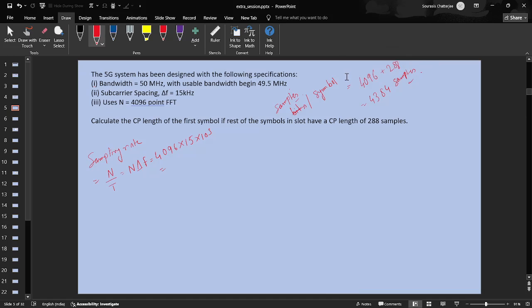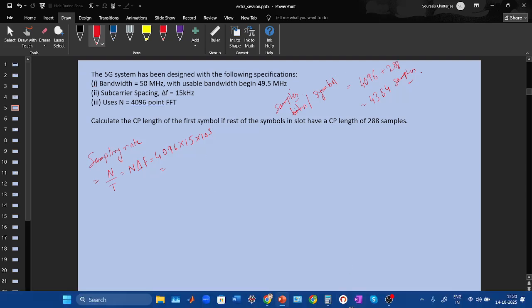But it's 15 kilohertz, right? So it's 15 into 10 to the power 3. Yes. It's N over T, where T is the duration of the OFDM symbol, and that times N, so it's essentially N times delta f.